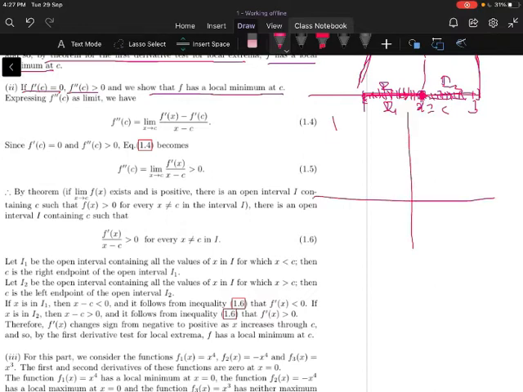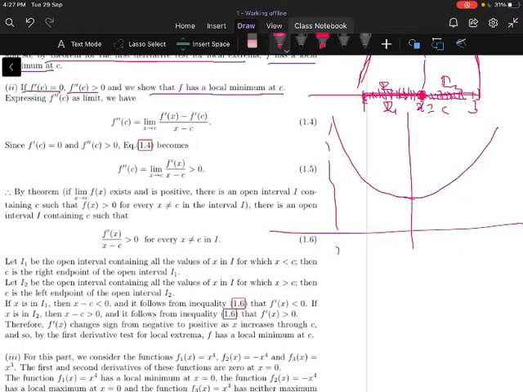Now, let us take a function here. You take the curve like this. This is interval a, this is interval b, this is point c.